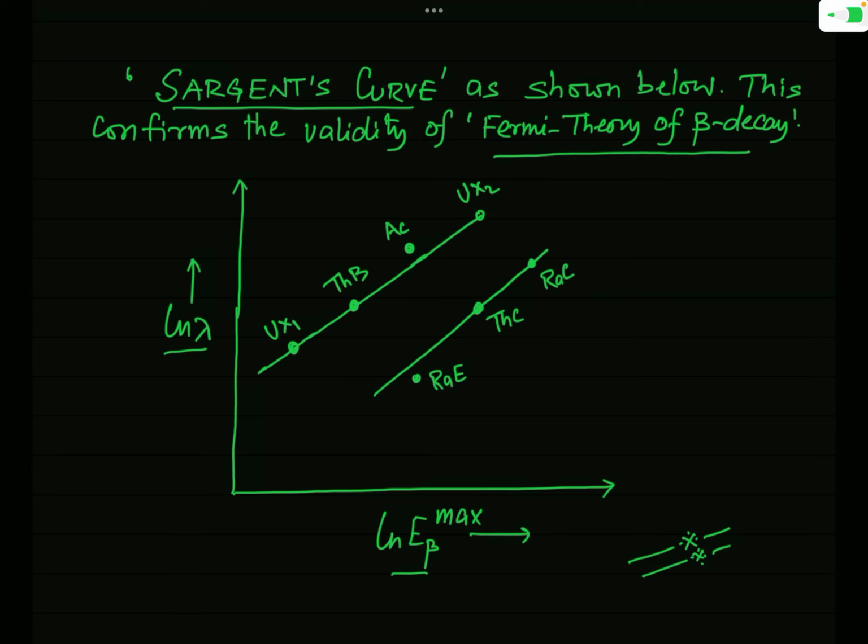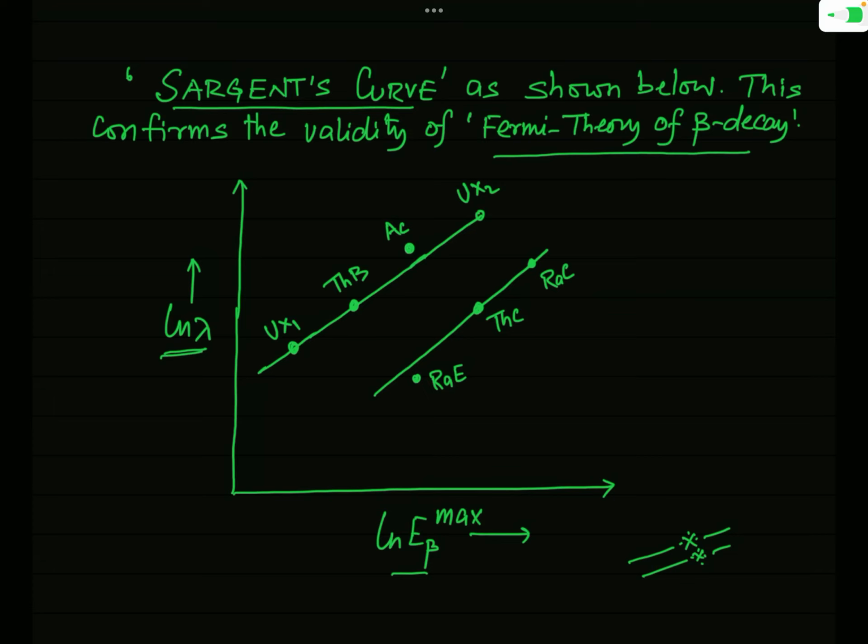In these two straight lines, I have shown by these dots some of the nuclei for which the values of ln lambda and ln E beta max can be seen from this figure. This dot is outside of the line.